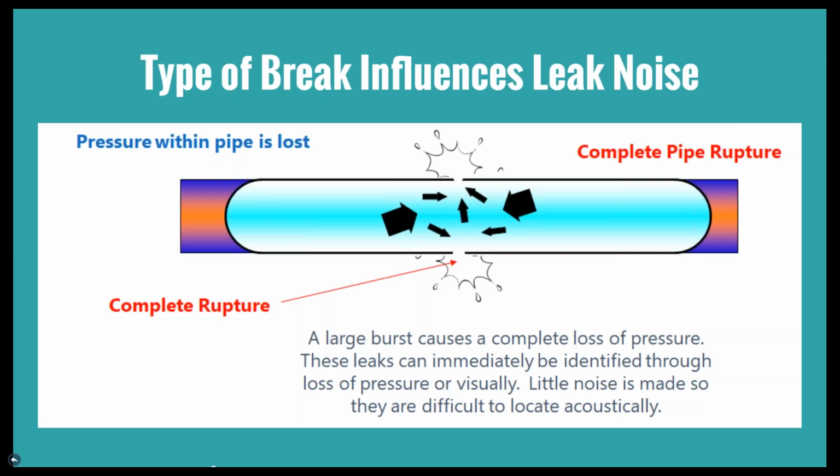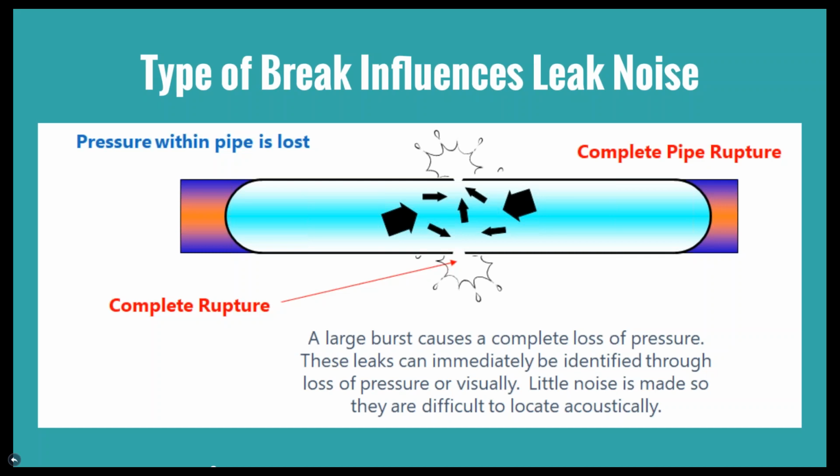So then, even the type of break in your pipe or the type of leak. Obviously, if a large burst happens, you lose pressure. So that's something that you can keep an eye on. And as Mike mentioned, even managing the pressure in your system is a good way to reduce the amount of leaks you have. Making sure that your pressure reducing valves are working properly has a big impact on the life of your pipe.